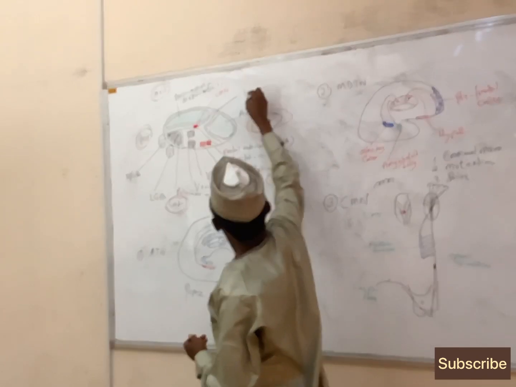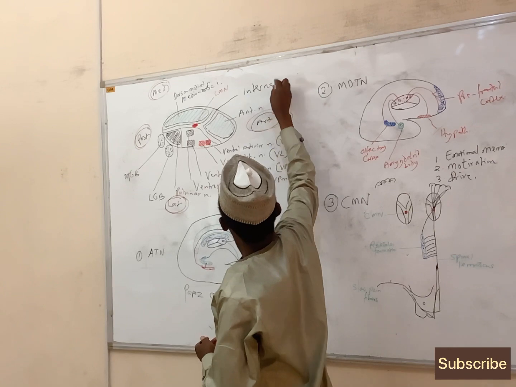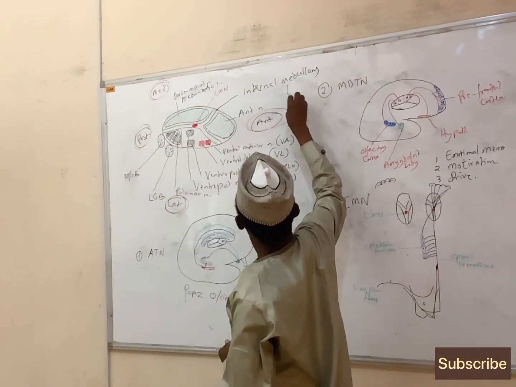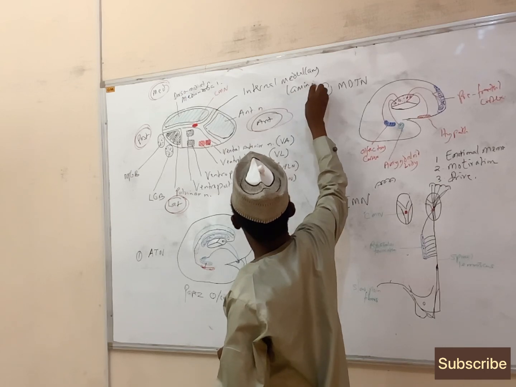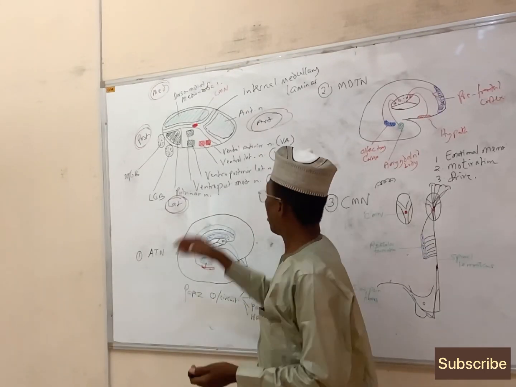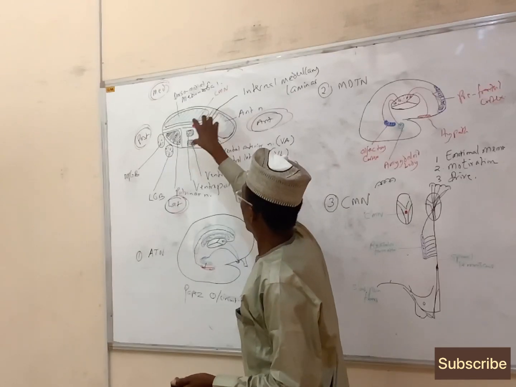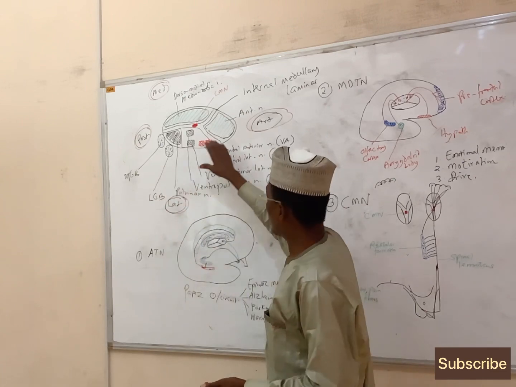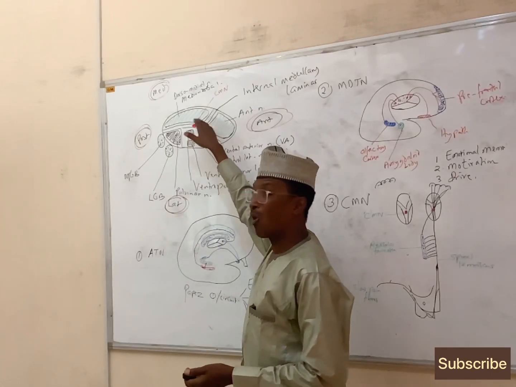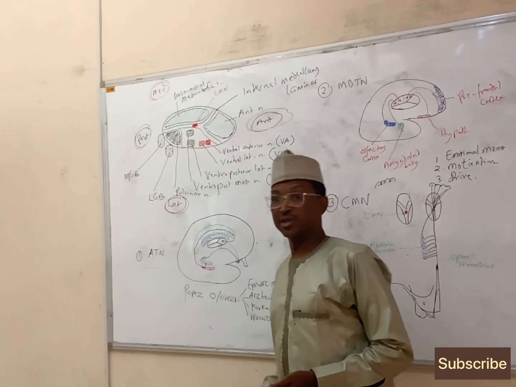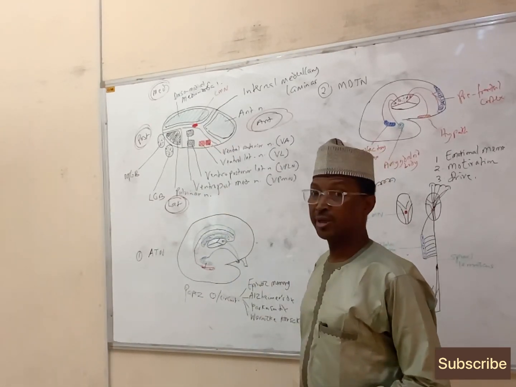This internal medullary lamina is a bunch of axons of the neurons that are within the thalamus. So the only fibers are the ones that form this Y shape, thereby dividing the internal aspect of the thalamus into these three parts.